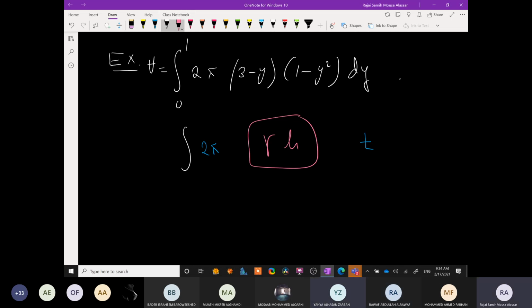So if you have something like this, and you want to rotate this about, let's say, y equals 3, it looks like there is a 3 minus y. So if you have a function and this is a 3, and this is your y of the function, then this distance from here to here is 3 minus y, isn't it?